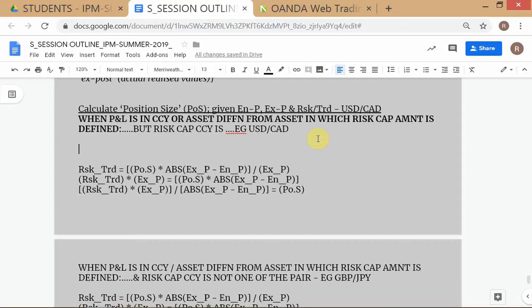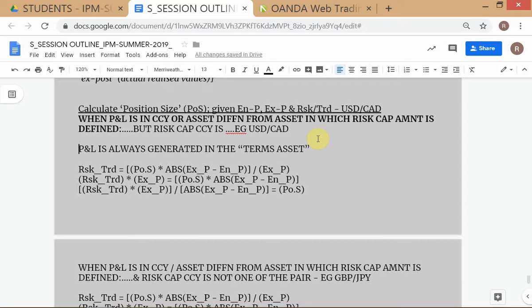But the rule is, P&L, meaning the profit and loss when you do a trade, is always generated in the terms asset. We should write it properly, but we don't have time. We have to write it here because you remember base asset, terms asset.